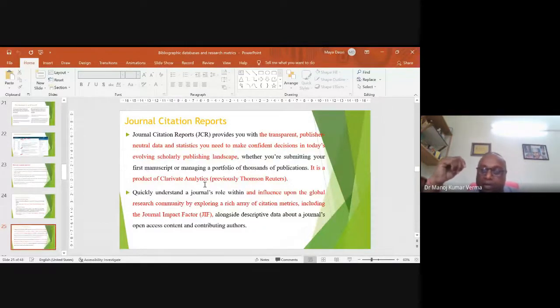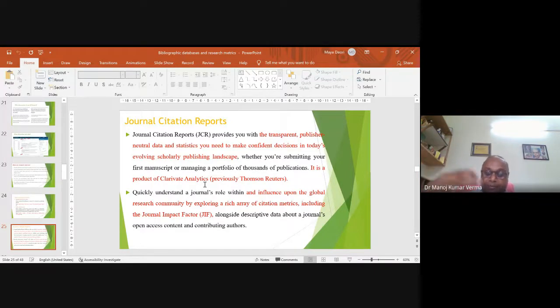Whether you are submitting your first manuscript or managing a portfolio of thousands of publications, it is a product of Clarivate Analytics. Clarivate Analytics Web of Science gives the impact factor. In the Journal Citation Report you can quickly understand a journal's role and influence in the global research community by exploring a rich array of citation metrics, including the journal impact factor.